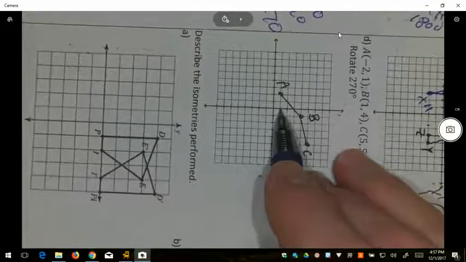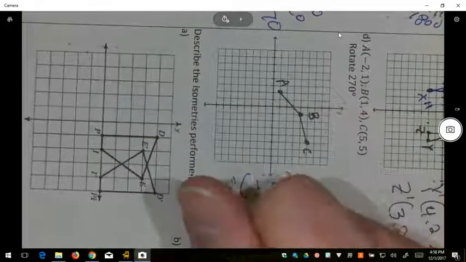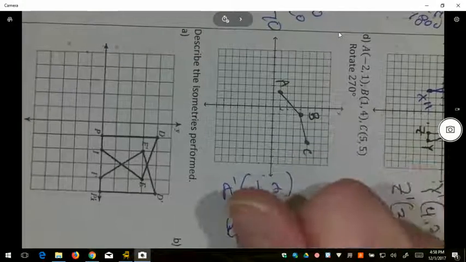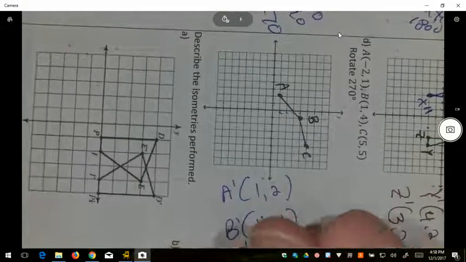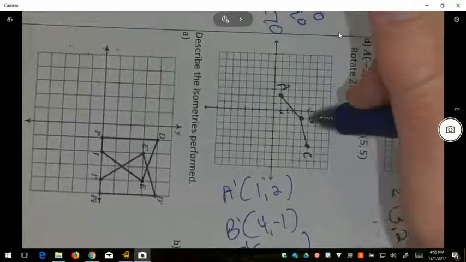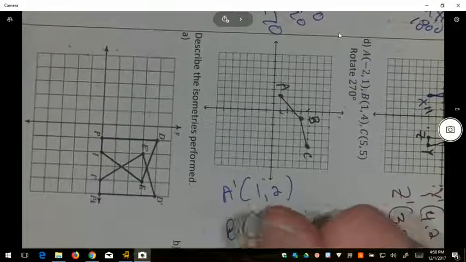So A prime appears at 1, 2, B prime appears at 4, negative 1, and C prime appears at 5, negative 5.